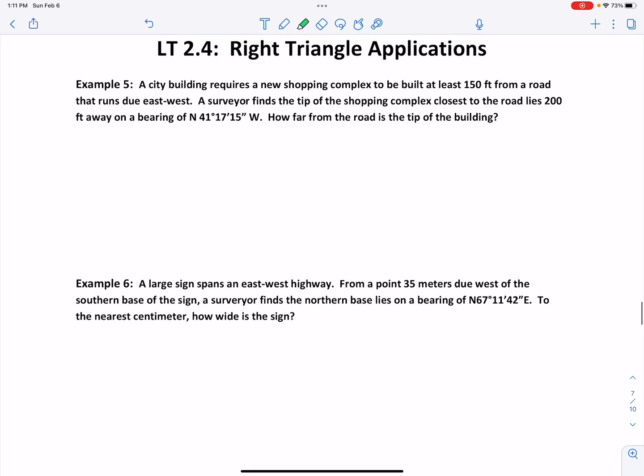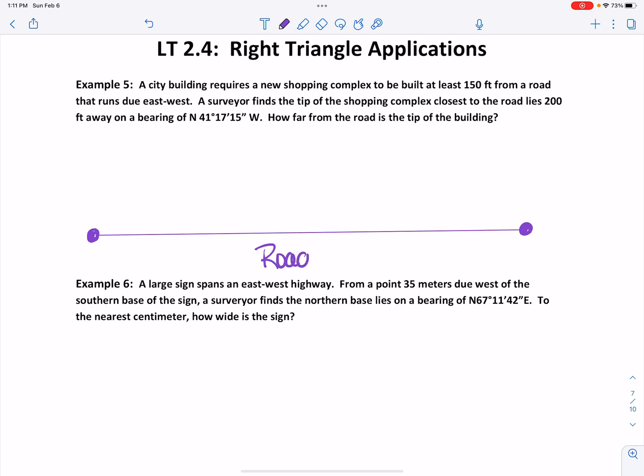So, example 5. A city building requires a new shopping complex to be built at least 150 feet from the road that runs due east-west. So I am going to draw the road first. It runs due east-west, so this is the road.